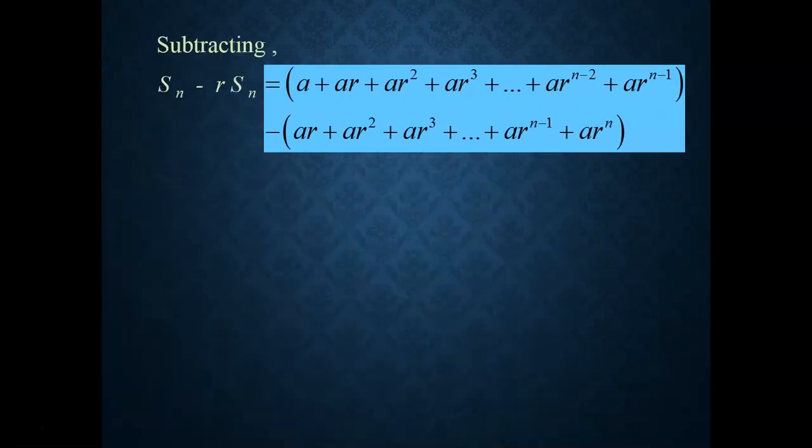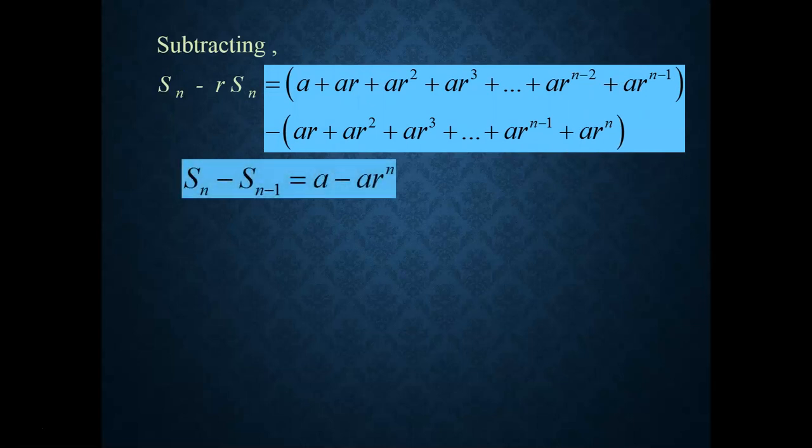Subtracting these two will leave us with Sn minus R Sn. If you open the brackets, you're going to find that they will all cancel each other out. AR minus AR, AR squared minus AR squared, so on and so forth, only leaving you with A minus AR power n.